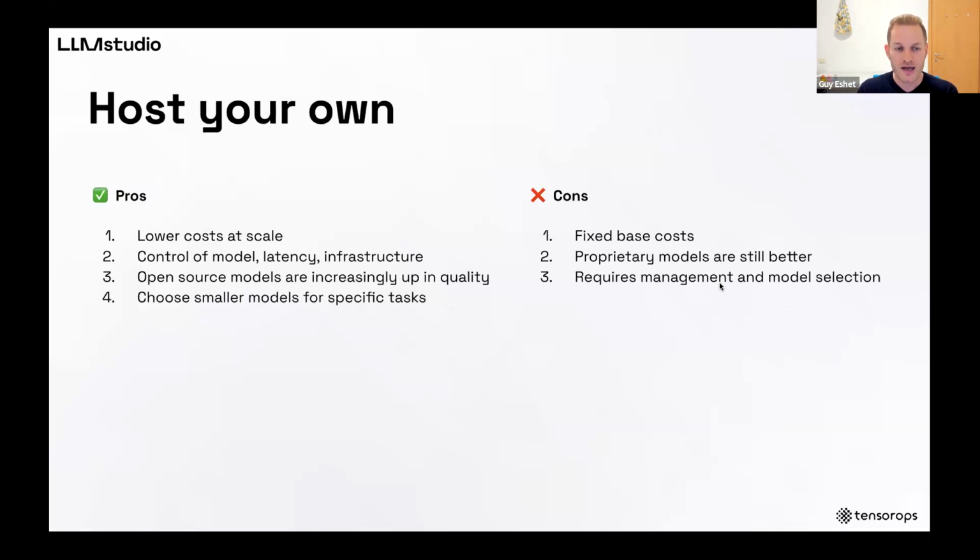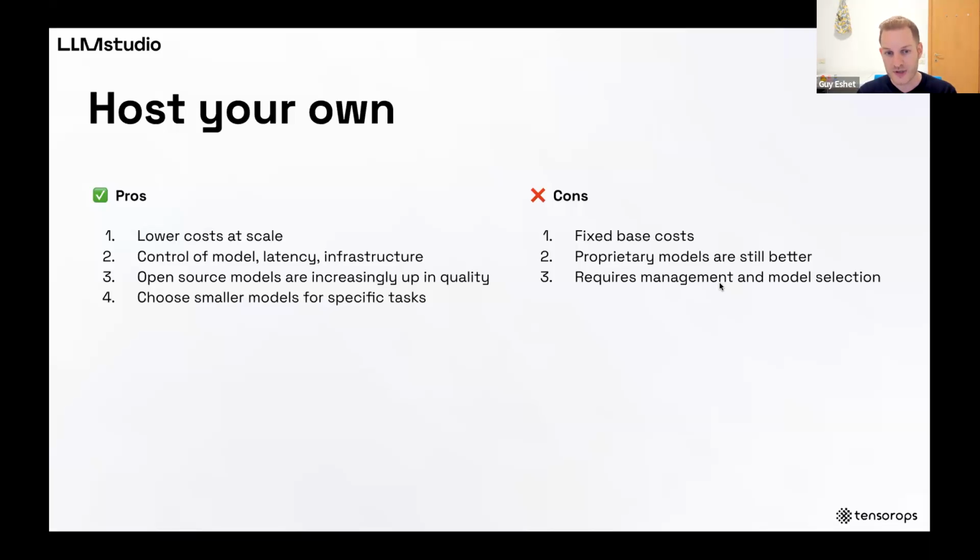So first, at scale, sometimes you do get lower costs. For many types of models, you could get better instances and you don't pay the premium that you would pay to an API provider. Second, you get control of the latency and infrastructure. You are in charge of the servers. You can scale it in and out. So you know what you're getting, with visibility as it happens.